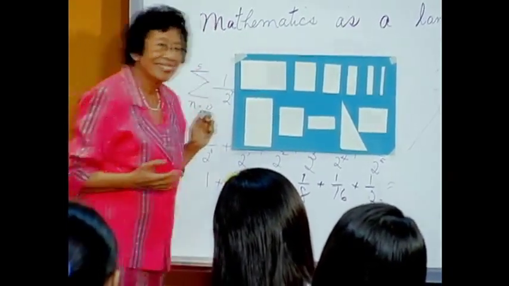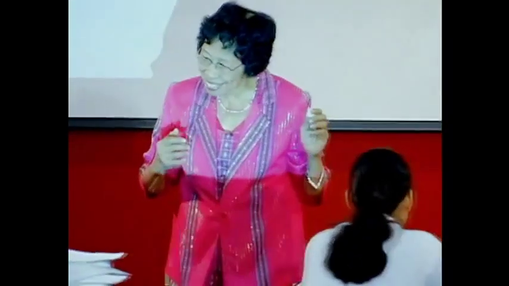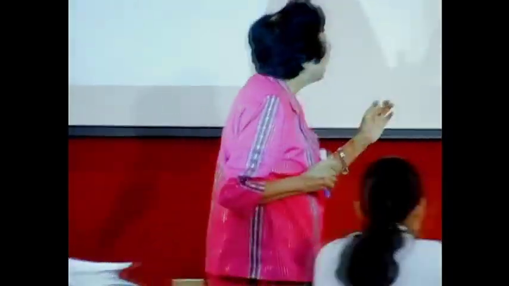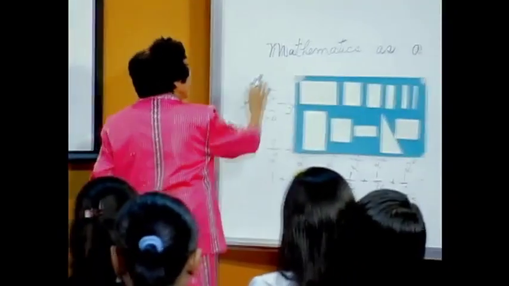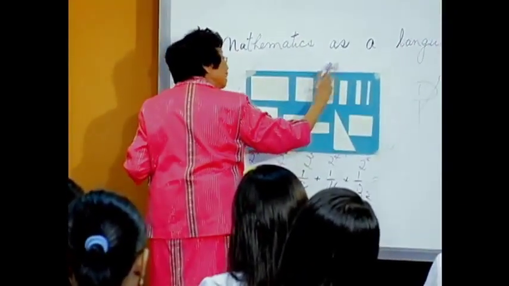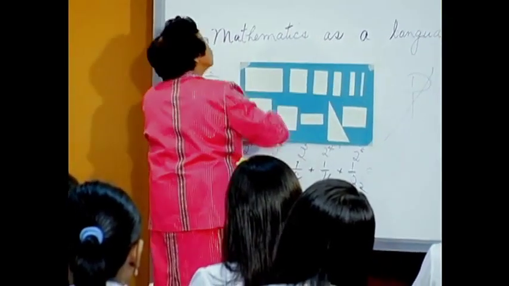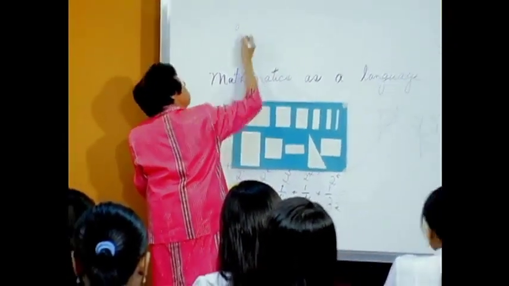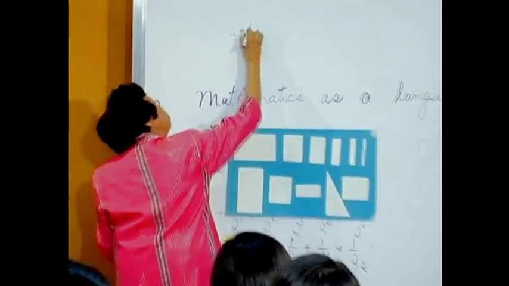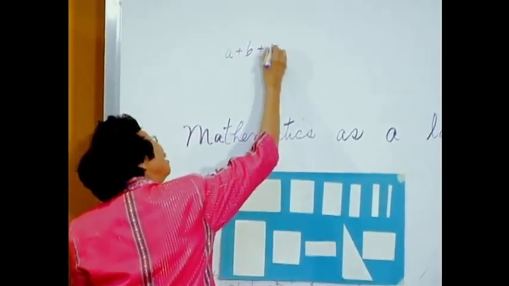So, yes, it's a summation. I say this is A, B, C, D, E, F. So it becomes like this. Put them together. A plus B plus C plus D plus E.